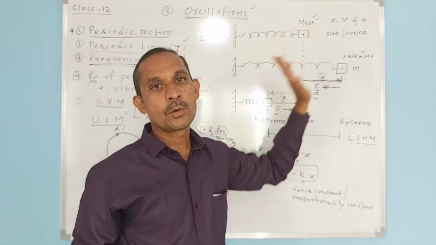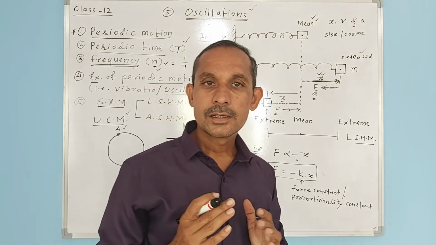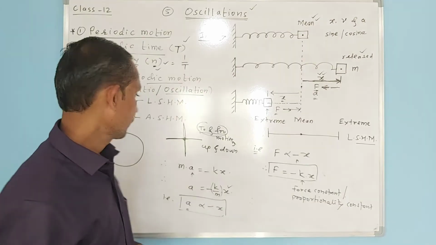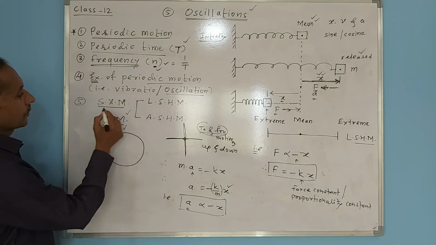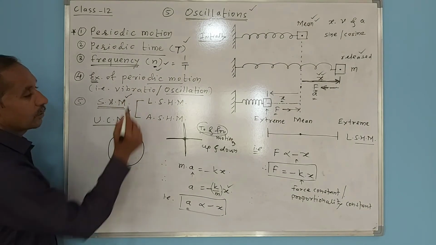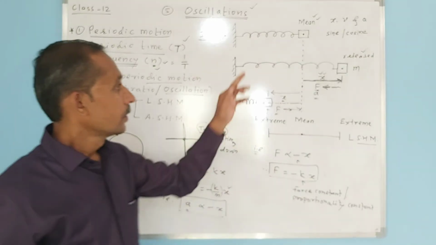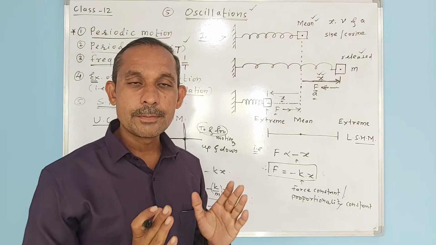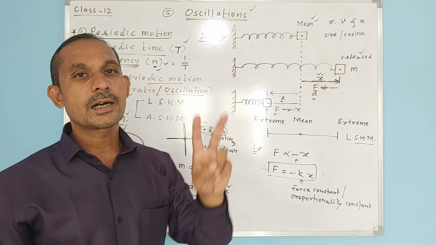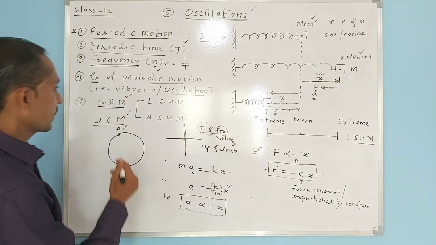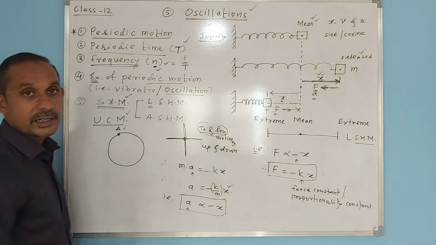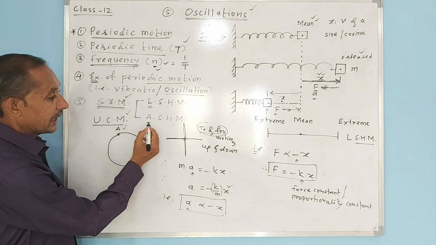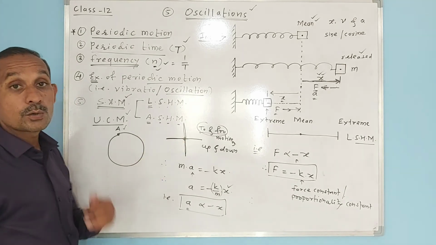Therefore, oscillatory motion is called harmonic motion or simple harmonic motion. There are two types of simple harmonic motion. First is the linear simple harmonic motion and second is the angular simple harmonic motion.